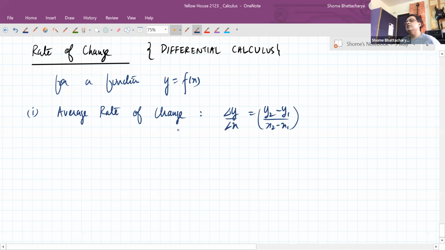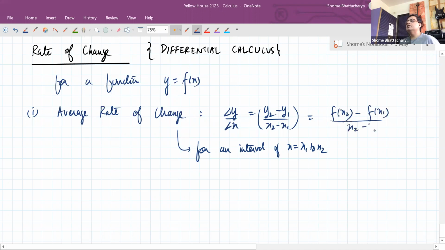So this is the average rate of change for an interval of x, x1 to x2. The value of y2 is nothing but the value of the function at x2, and y1 is the value of the function at x1, divided by x2 minus x1. So we have a very simple formula for average rate of change.